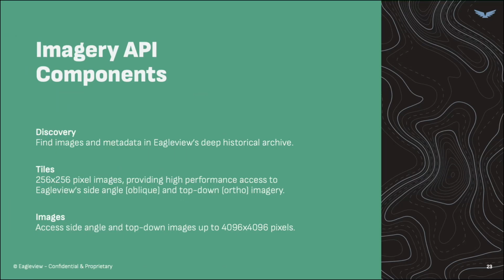Tiles are 256 by 256 pixel images, and they provide high performance access to Eagleview's side angle oblique and top-down ortho imagery. And then finally, images allow you to access side angle and top-down images up to 4096 by 4096 pixels. So with all that said, let's jump over to Postman for a demo.